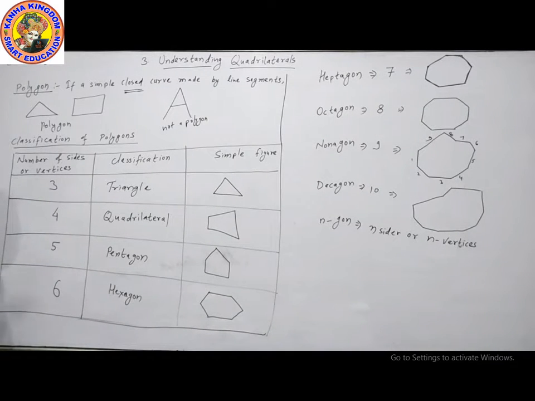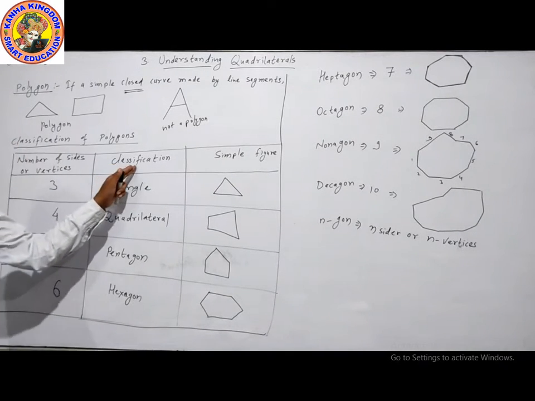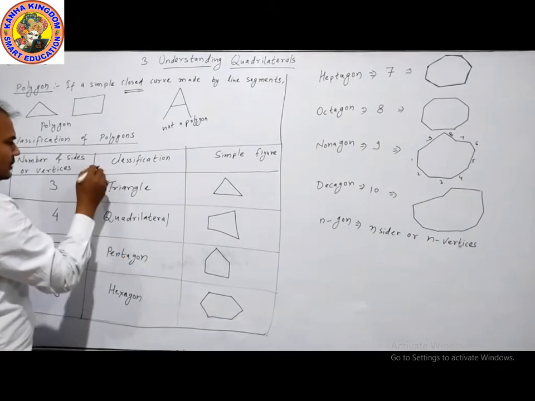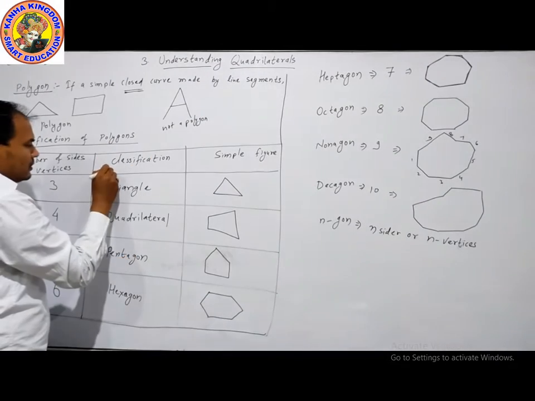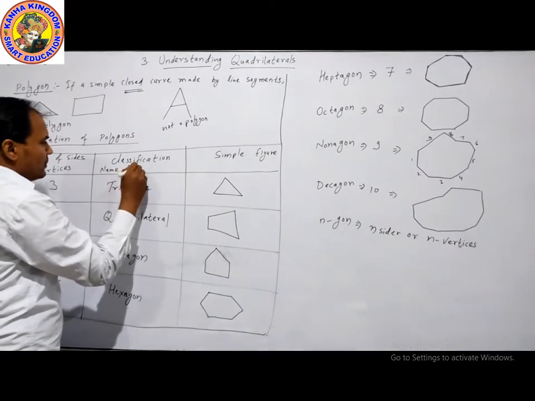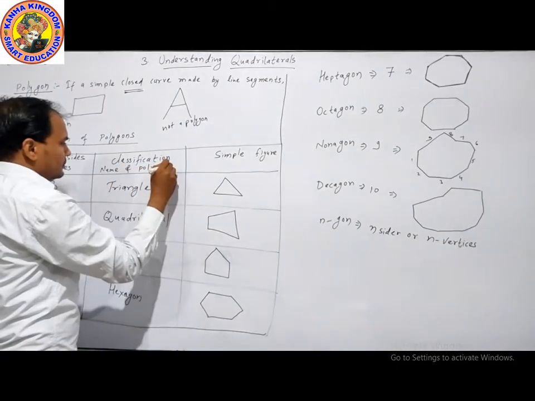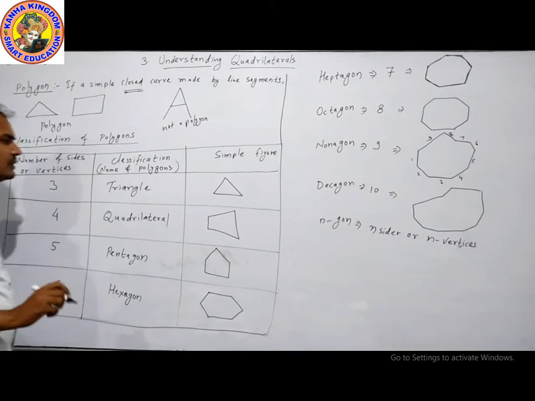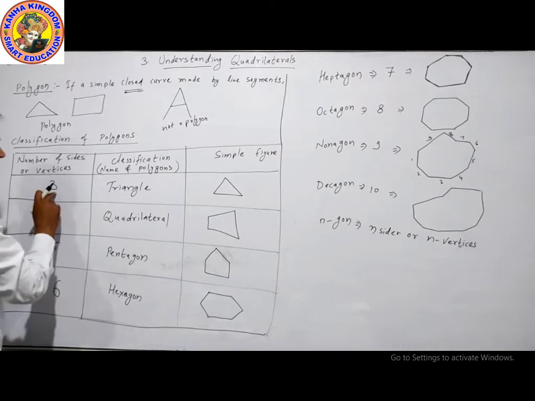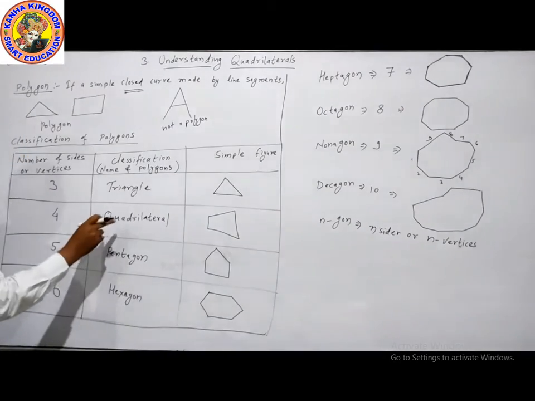Classification of polygon: number of side, name of polygon, and simple figure. Triangle having 3 sides, this is our diagram.